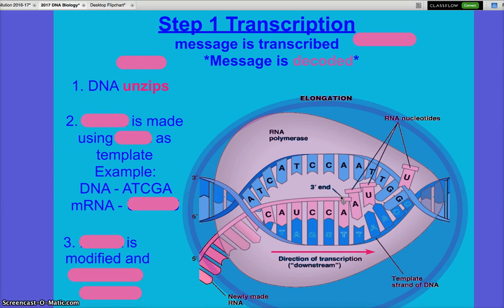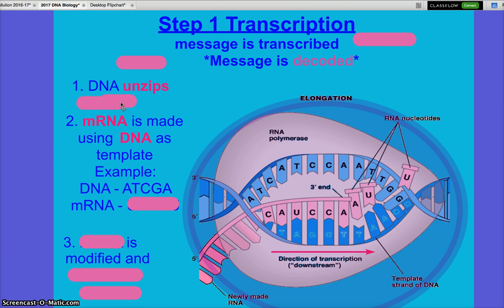It has a U and it's single-stranded. That's how I know it's RNA. DNA is double, okay? So RNA is made, and we're calling it messenger RNA because it's the one that holds the message. And it's using DNA as a template.